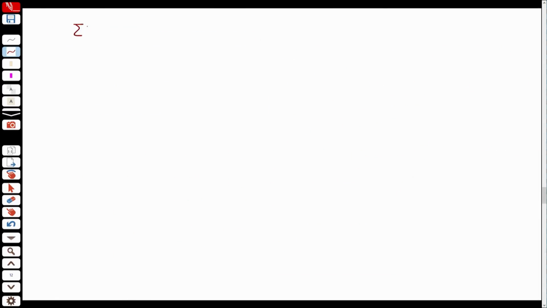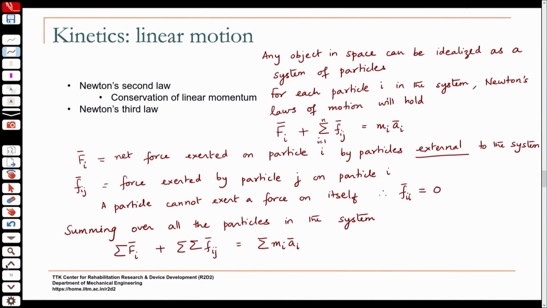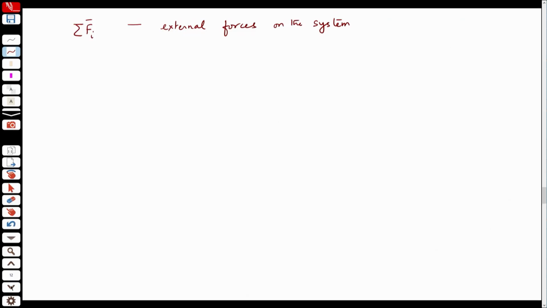Sigma F I here is all the external forces on the system.